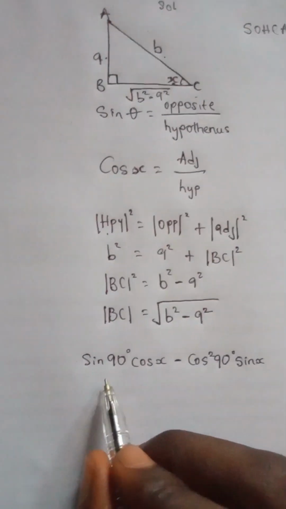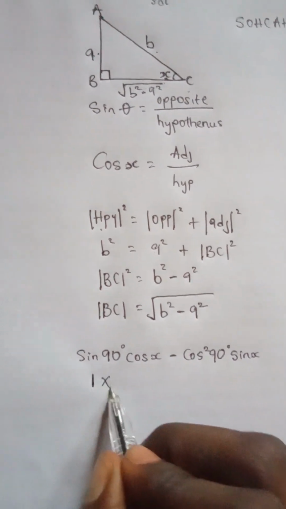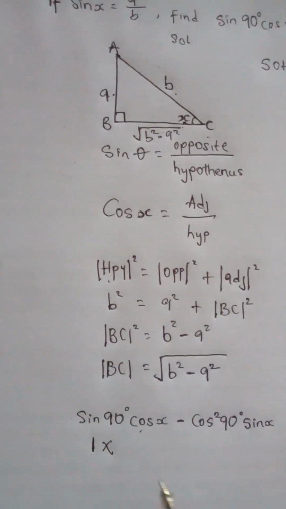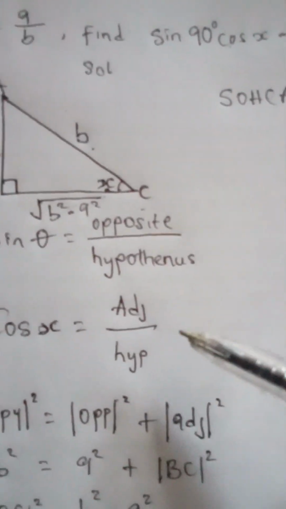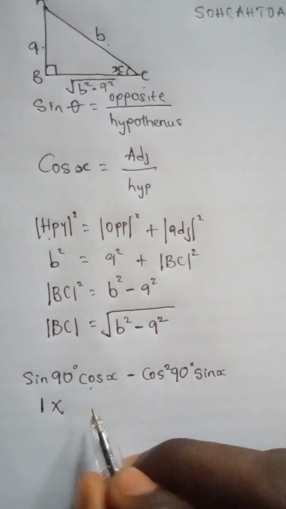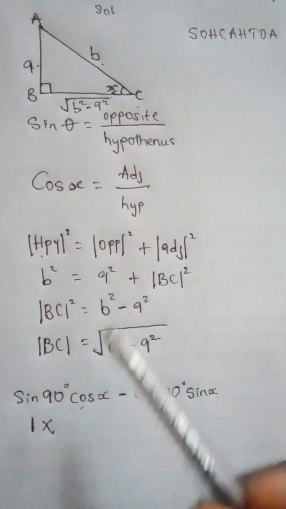So here sine 90 is equal to 1 times cos x. Remember, cos x will be adjacent over hypotenuse.